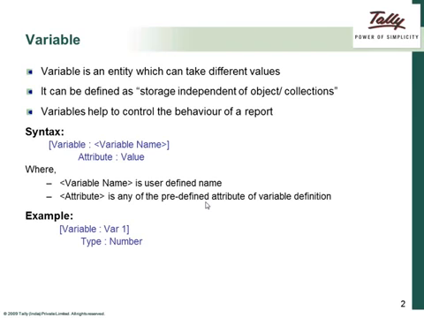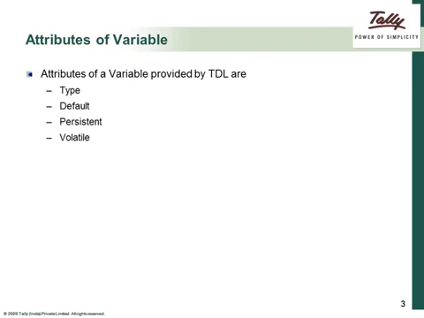Yes. Right. So there are 4 basic attributes of variables. These are not the only attributes. These are the 4 basically frequently used attributes of a variable. One is the type. What type of data can this variable hold?